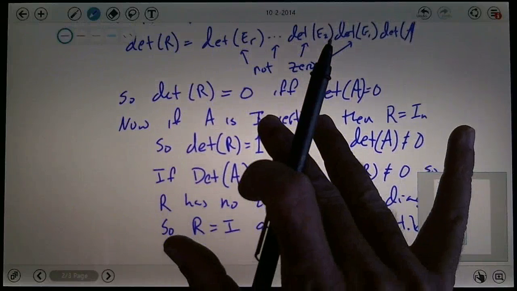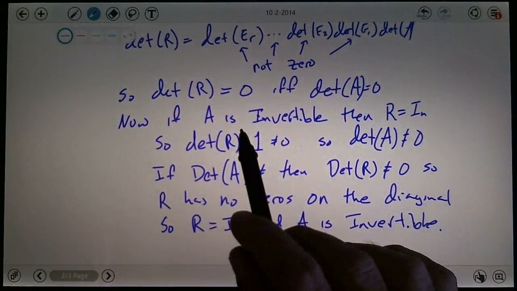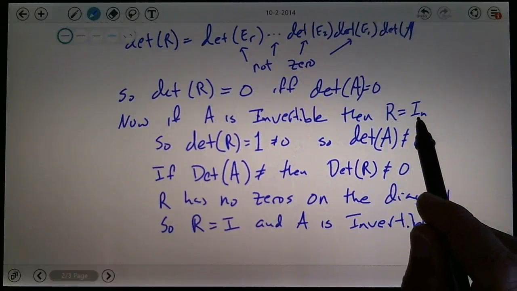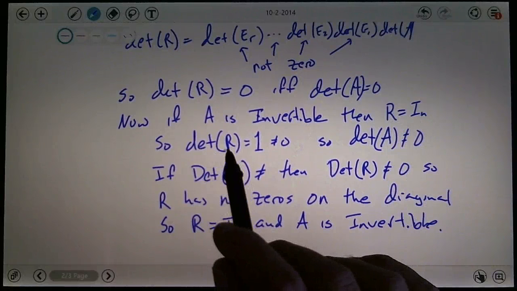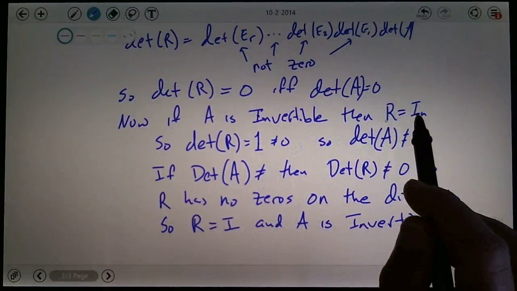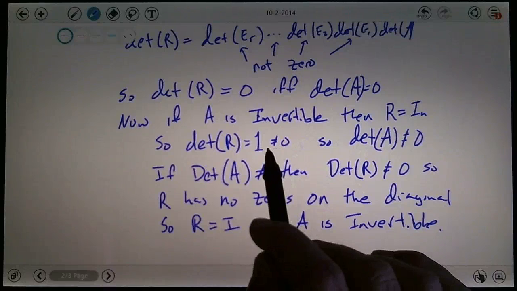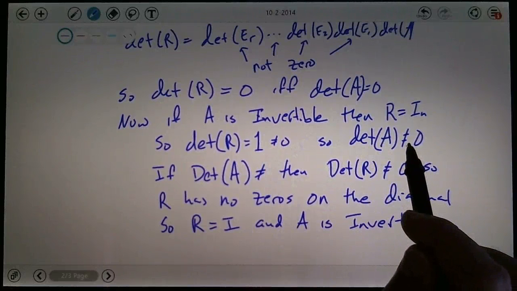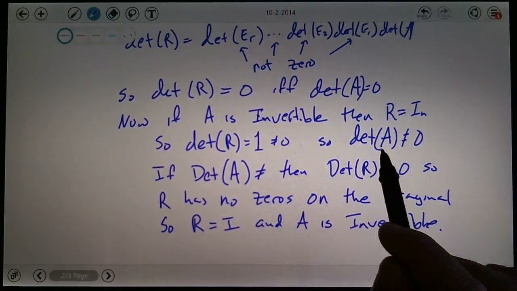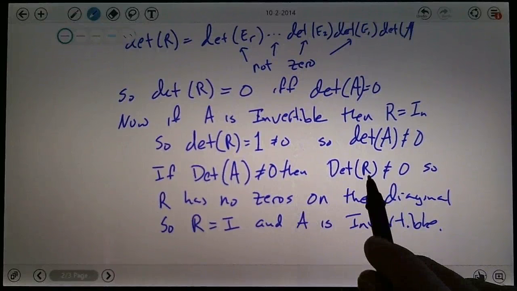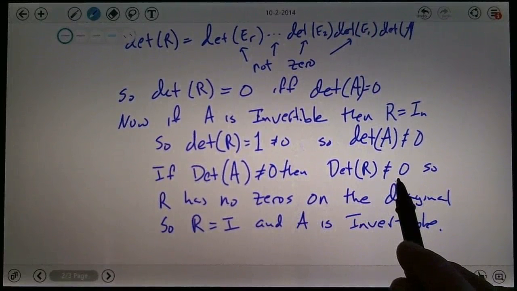Which then we can say this: if A is invertible, then we know that the reduced row echelon form is the identity matrix, which tells me that the determinant of R is 1 because it's an identity matrix, and the determinant of the identity matrix is 1. That's not 0. So the determinant of A is not 0. So if A is invertible, the determinant's not 0. Now suppose that the determinant of A is not 0, then the determinant of R is not 0.